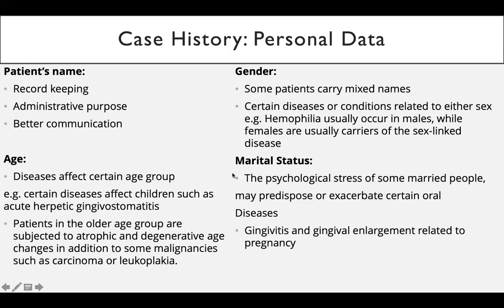She's married, she's pregnant, and if she has recurrent gingivitis and gingival enlargement, it can be related to pregnancy. So maybe we don't need to treat it with strong medicine, maybe some mild medicine, or not so extensive. And when the pregnancy is over, this condition will be relieved.